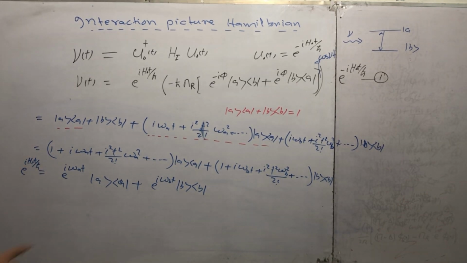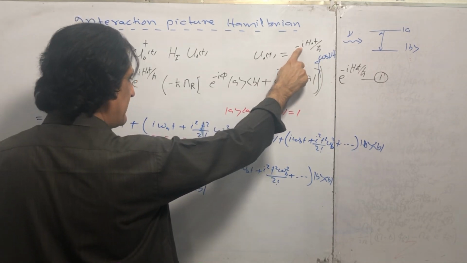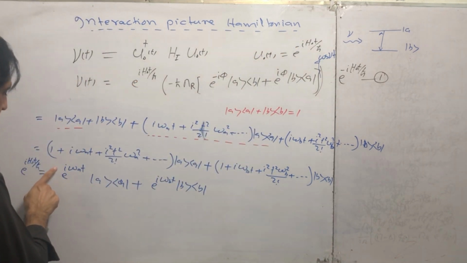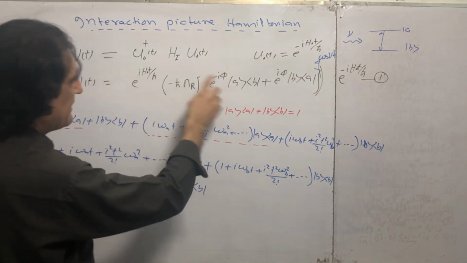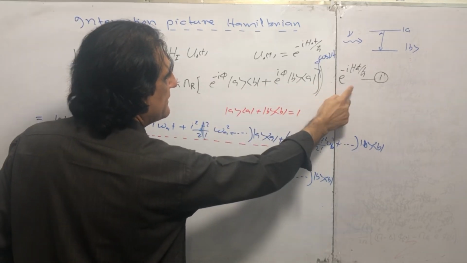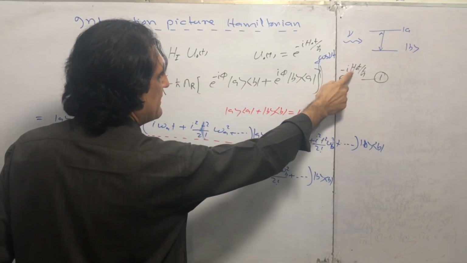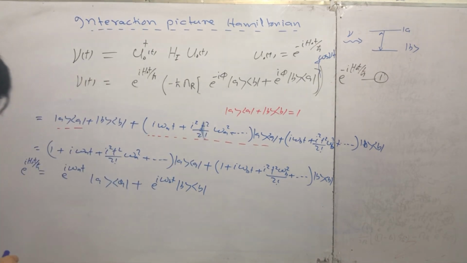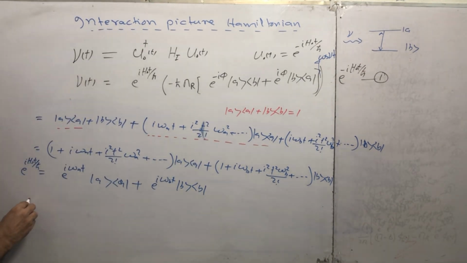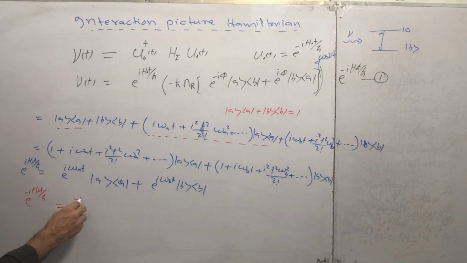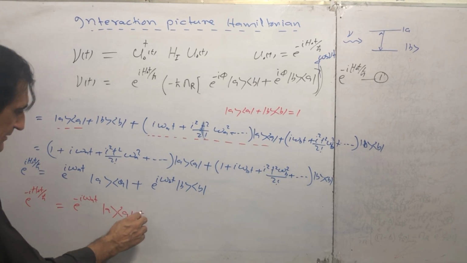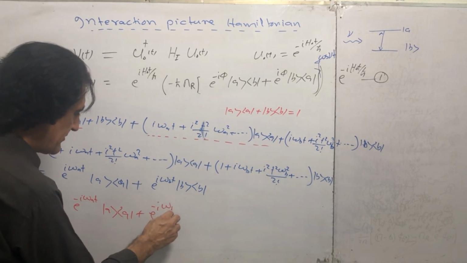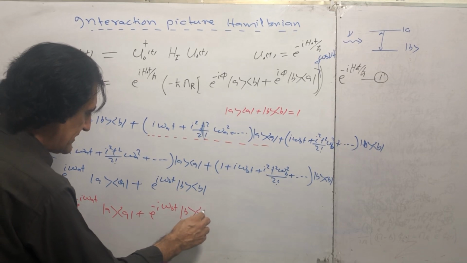And similarly, with only a minus here, if we calculate and expand e to the power minus iota H naught t divided by h cut, this must have e to the power minus iota omega a t A A plus e to the power minus iota omega b t and B B.